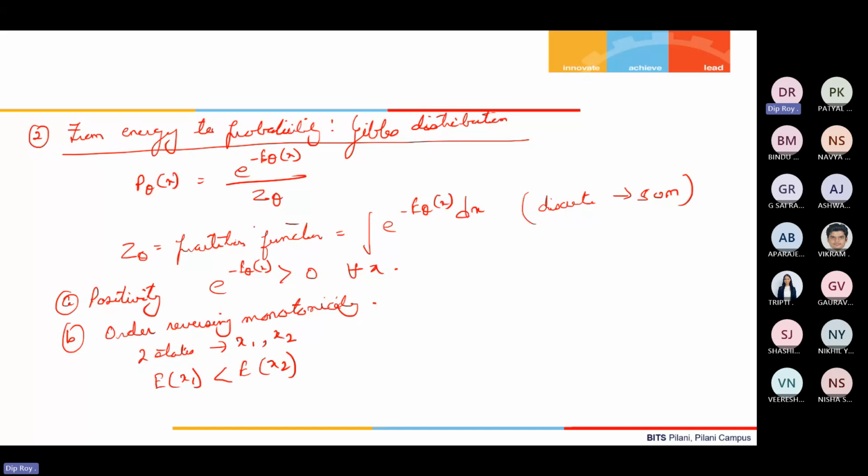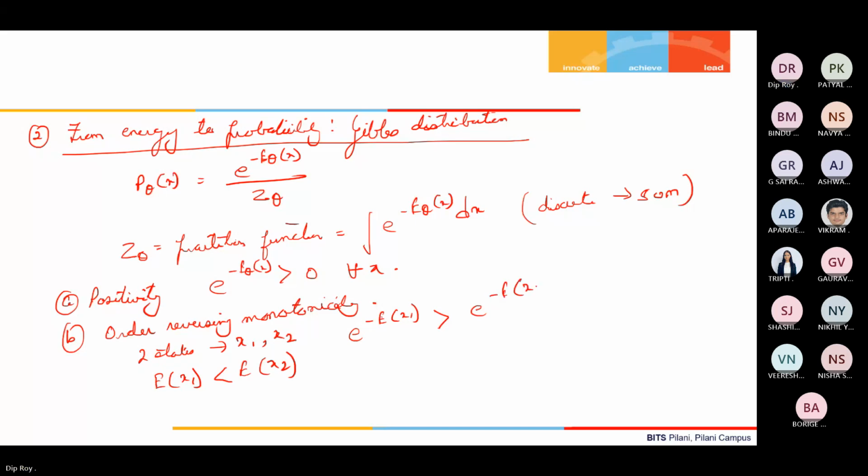And if you just mathematically see this, what happens here is that e to the power minus E(x1) will be greater than e to the power minus E(x2), which implies that the probability of x1 is greater than the probability of x2. If you take a toy example, let's say 1 is less than 3, and this is basically your energy.